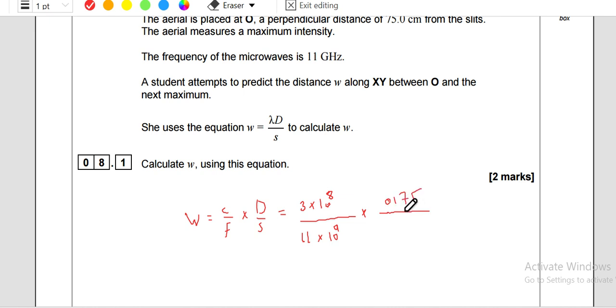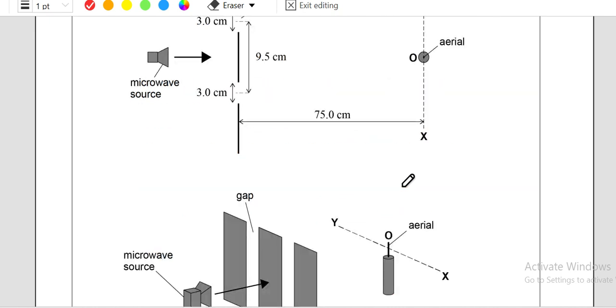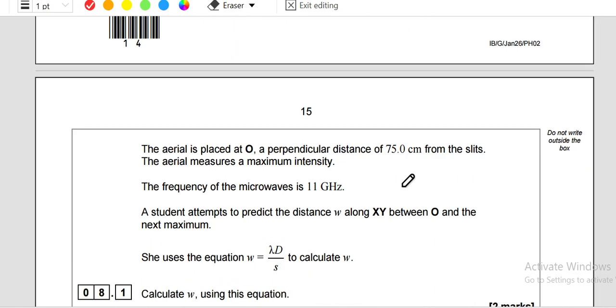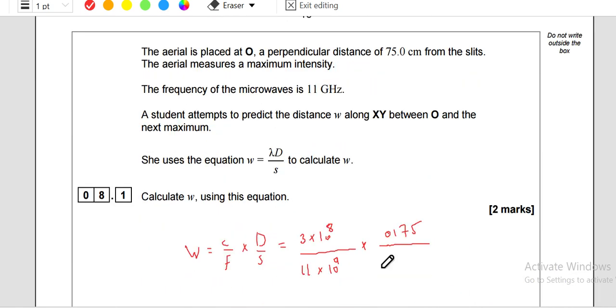For s, the distance between slits, it is 9.5 centimeter, or 0.095. So w would be 0.215 meter.